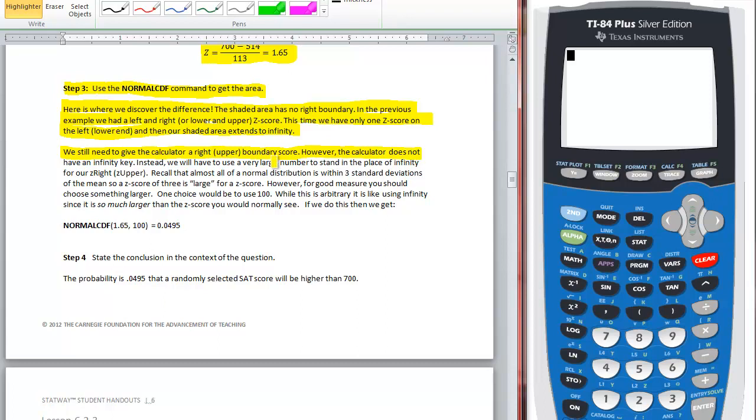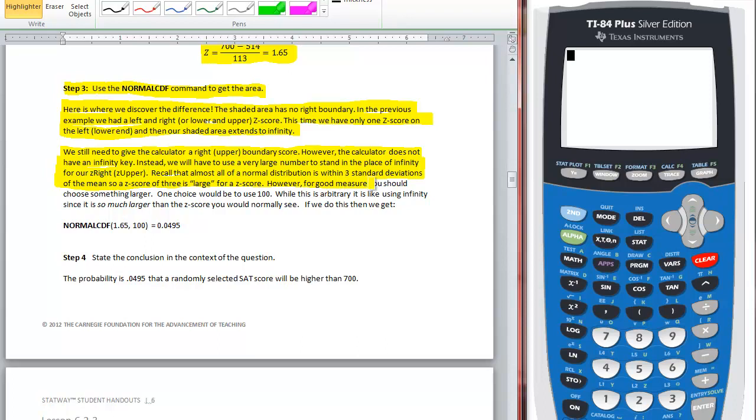Well, we still need to give the calculator an upper bound score. However, the calculator does not have an infinity key. So instead, we have to use a very large number to stand in the place of infinity for our upper value. Recall that almost all of the normal distribution was in 3 standard deviations, so this means that a z-score of 3 is large.